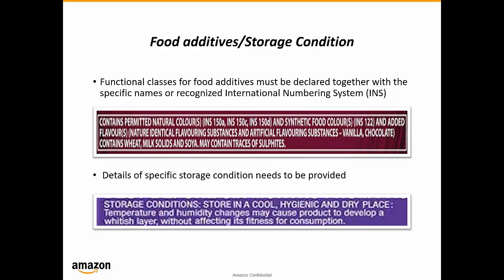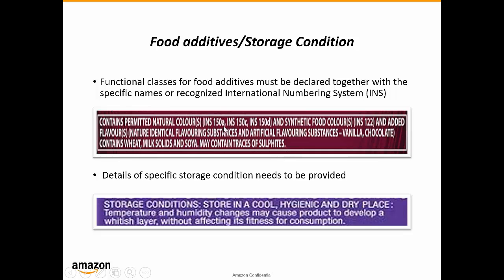So food additives or storage conditions, that is also important. If we talk about the food additives, the emulsifiers or the stabilizer, whatever is used in the product, that should be mentioned with the international numbering system, meaning INS. That is clearly given in the regulation, how you can say INS and put the number. So if you see the label example here, it says contains permitted natural colors, and that says INS number. INS number is the number given to a specific permitted natural color.